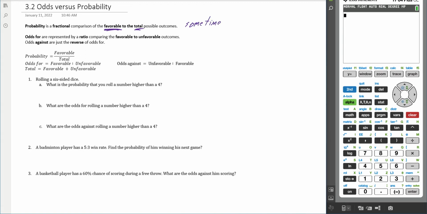Odds for, what are the odds for something happening, is a ratio on the other hand, and it's comparing favorable to unfavorable outcomes. So let's just give an example first, then we'll talk about these things.